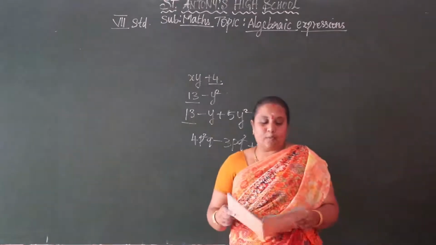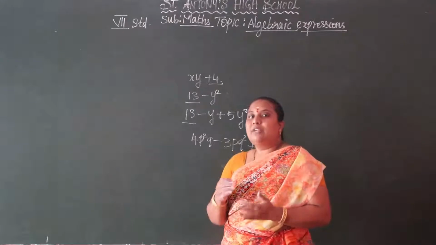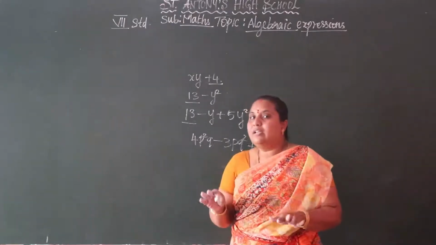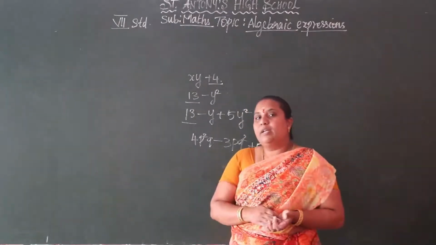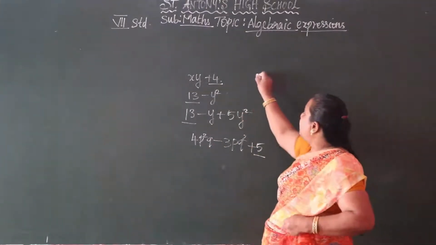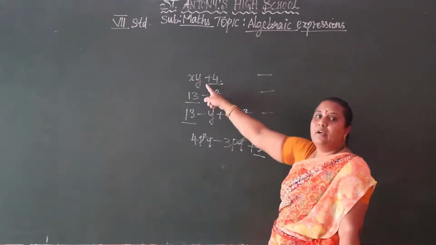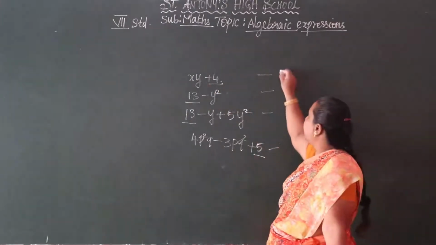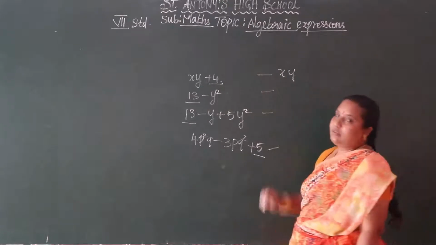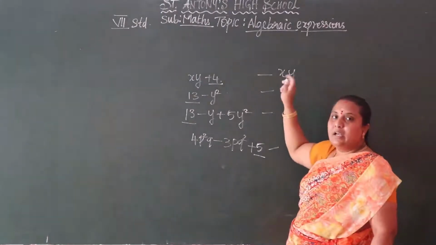Numerical coefficient means only the numbers. We have to write the terms which are not constant, and write the numerical coefficient in that. Here only one term is not constant, xy. The numerical coefficient of this xy is 1.